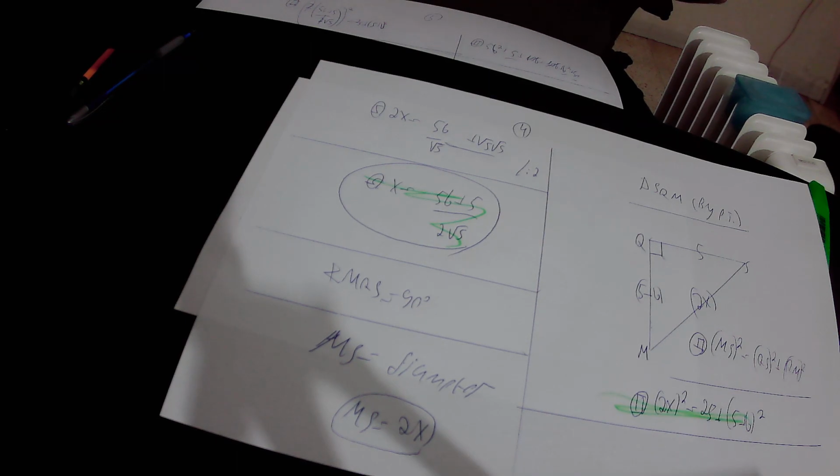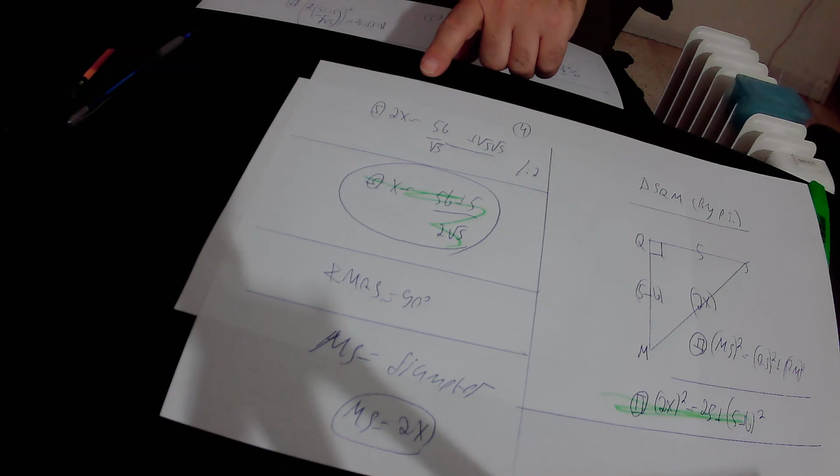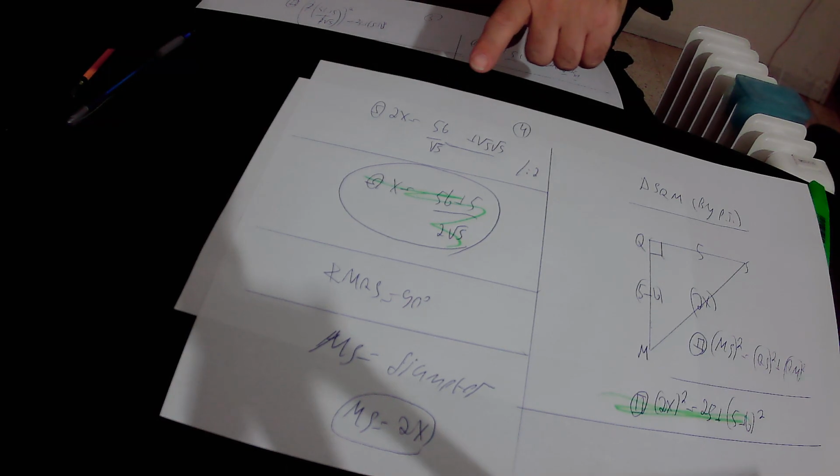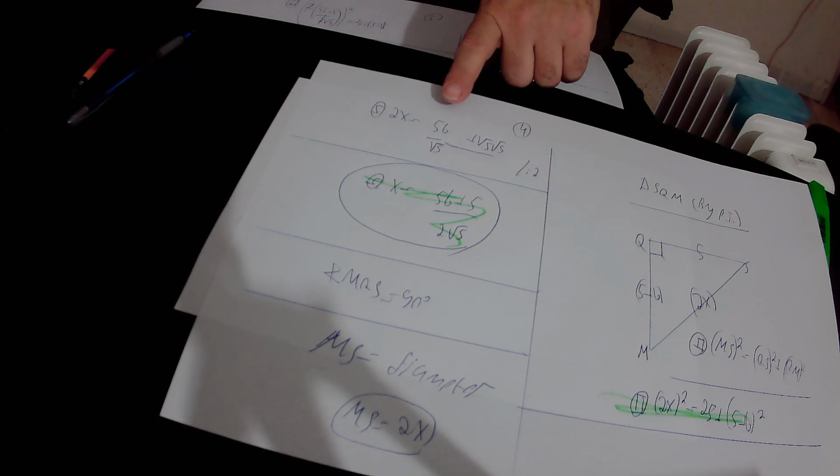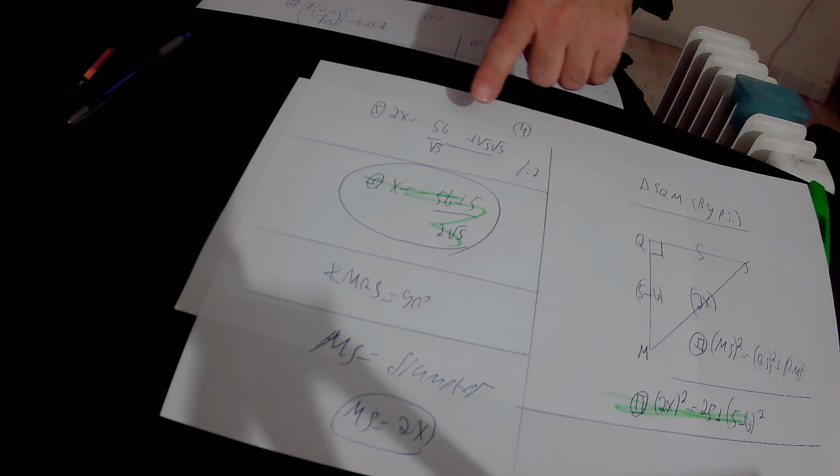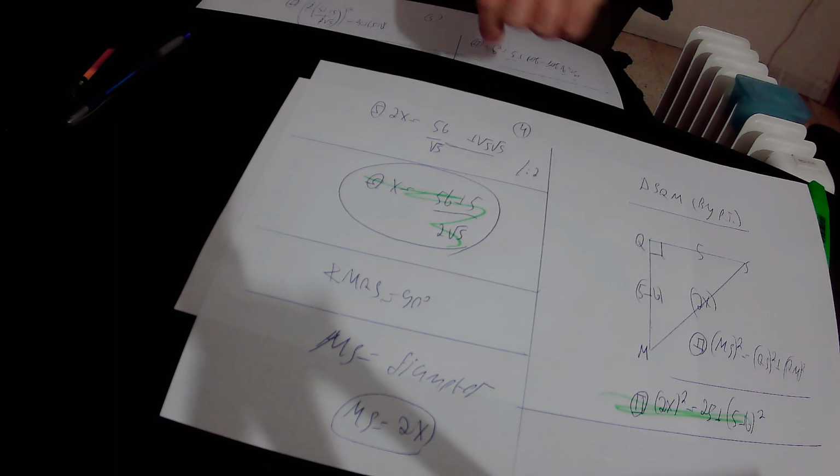Then we divided this equation by 2, and finally we found that x equals 5b plus square root of 5 times square root of 5, which is 5, so it is 5b plus 5 over 2 times square root of 5, because we divided this equation by 2, so in the numerator we have 2 times square root of 5. So in conclusion, x equals 5b plus 5 over 2 times square root of 5.